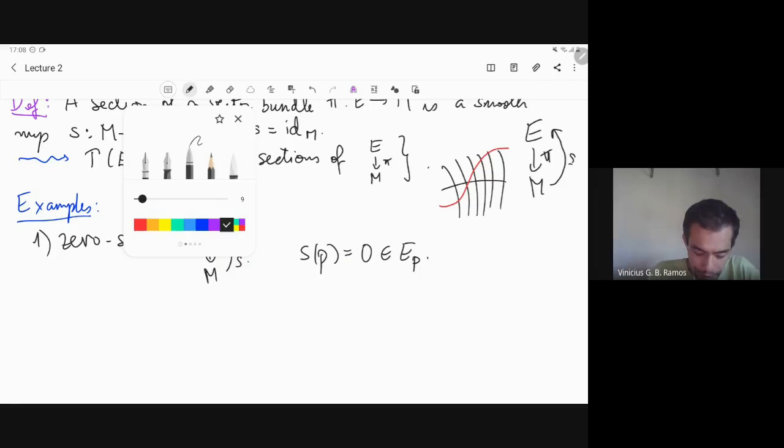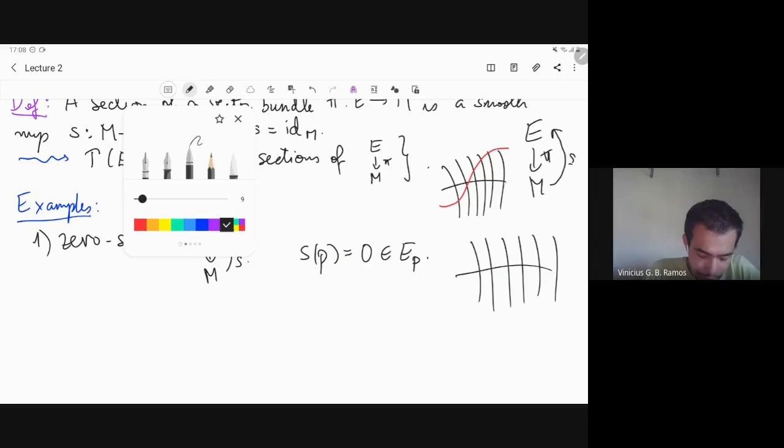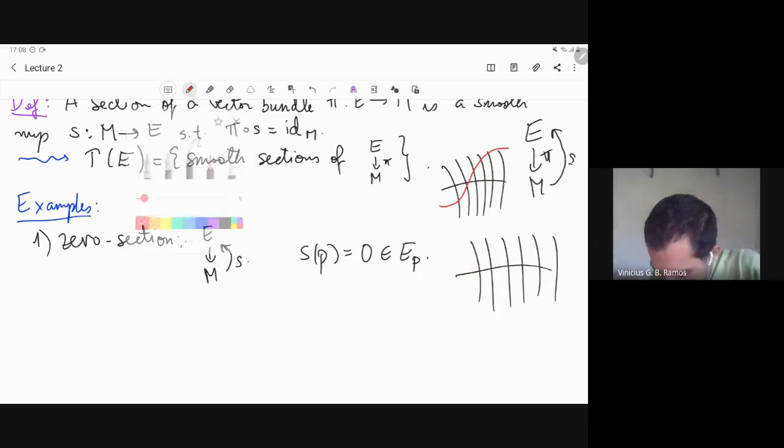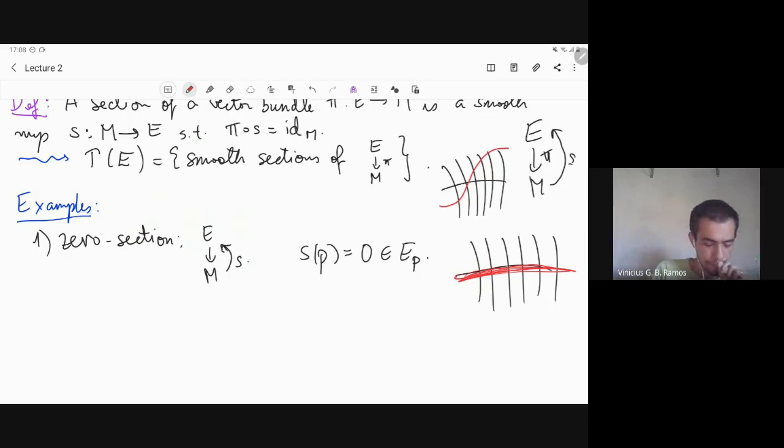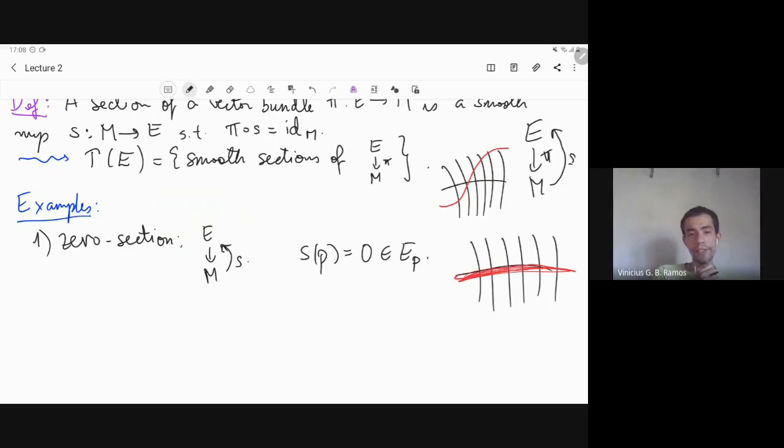When I write it like this, the zero section really is thought of as this section here. One thing that's interesting is that in general, it's not true that there always exists a section that is never 0.